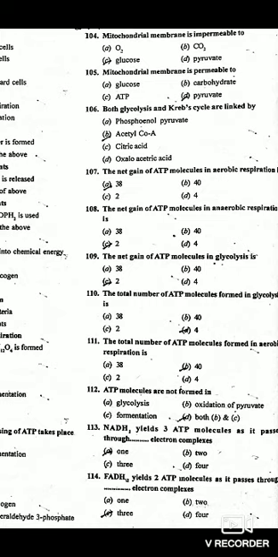Next question. 111. The total number of ATP molecules formed in the aerobic respiration. Option B, 40. 112. ATP molecules are not formed in both B and C, glycolysis and oxidation of pyruvate, and option B and C, oxidation of pyruvate and fermentation. 113.